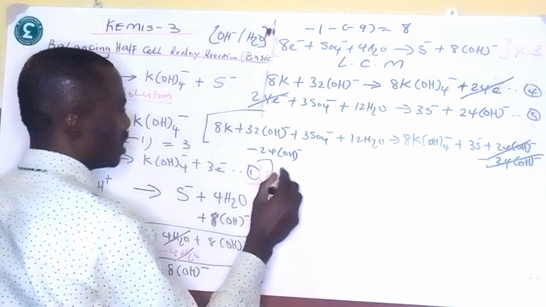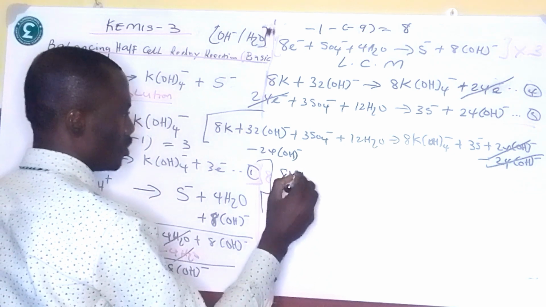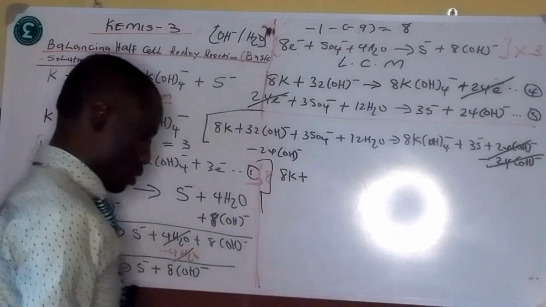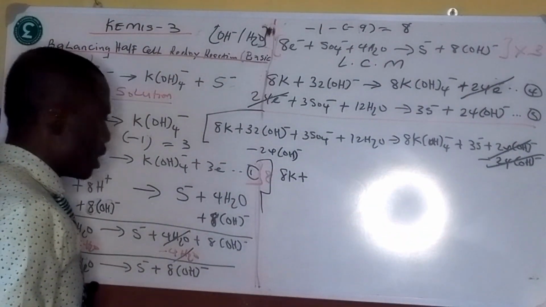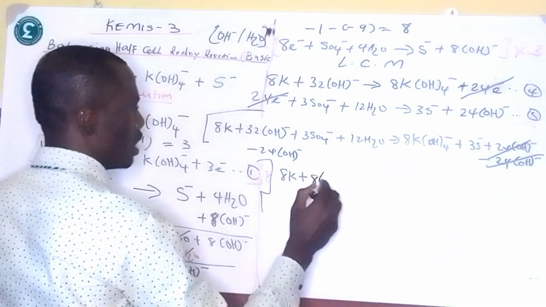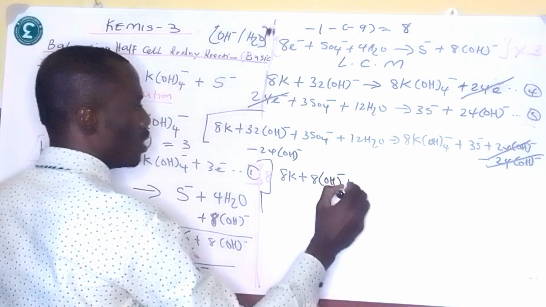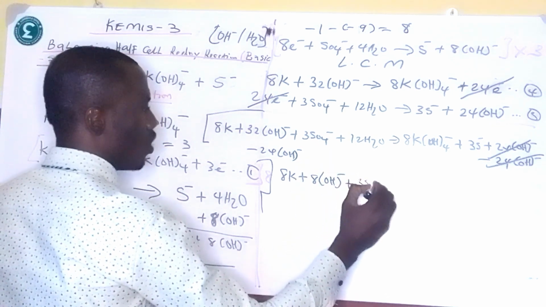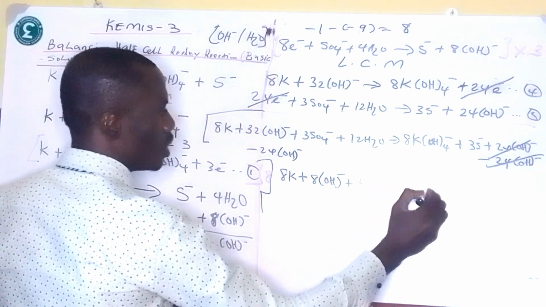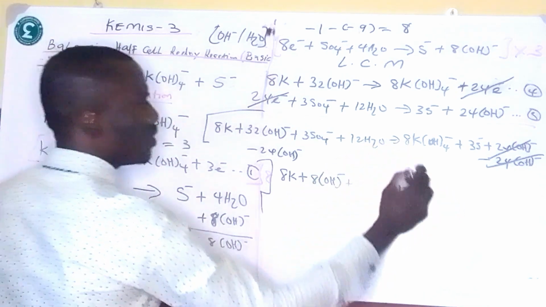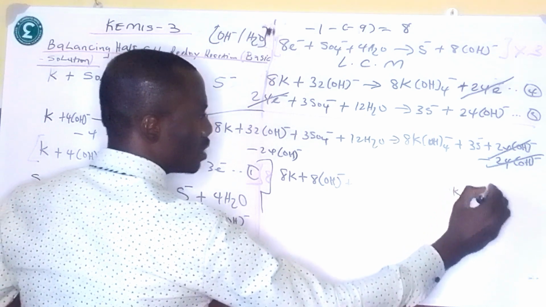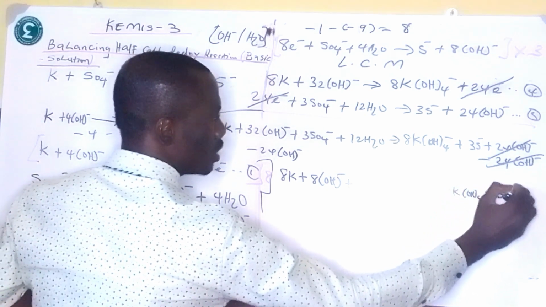My new equation becomes 8 potassium plus 32 minus 24, that should give me 8 hydroxyl, plus 3 SO4 minus, plus 12 H2O, and then on the right I have 8 potassium hydroxide plus 3 sulfur.